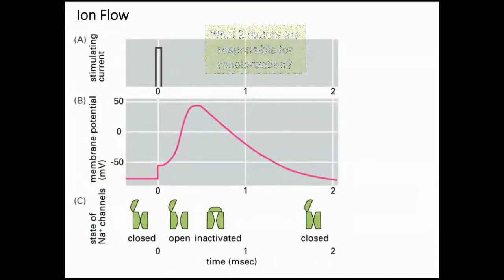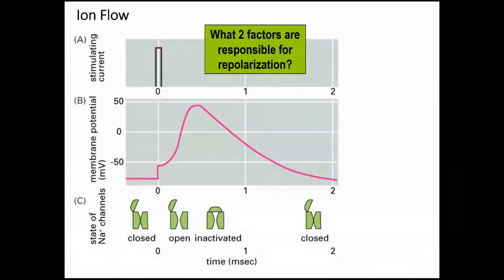Okay, and then this is just pretty much the same picture of what we showed before. So what two factors are responsible for repolarization? So we know that we're going to depolarize, right? So here we are, we're depolarizing, correct? Because we know that sodium is rushing in.